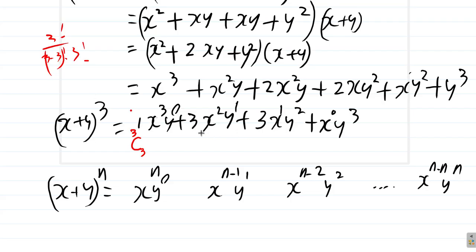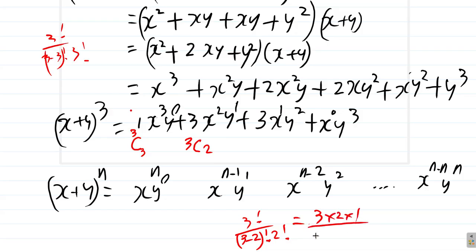So you get the 1. How about this 3? It would be 3C2. 3C2 is 3 factorial over 3 minus 2 factorial times 2 factorial. 3 factorial is 3 times 2 times 1 over 1 factorial, which is 1, times 2 factorial, which is 2 times 1. So 2 times 1 cancels 2 times 1. So that gives you the 3 here.